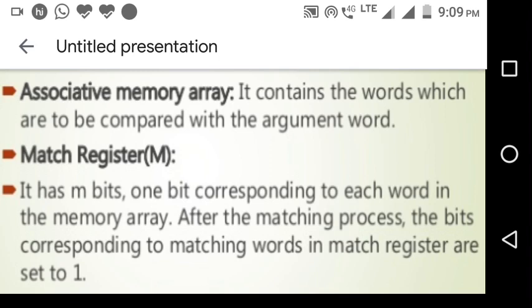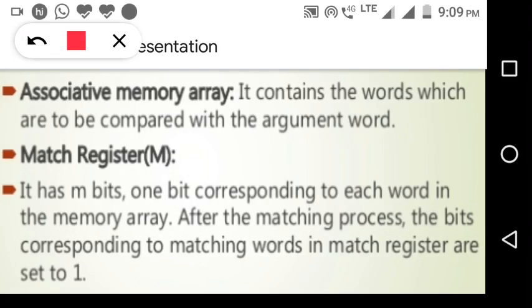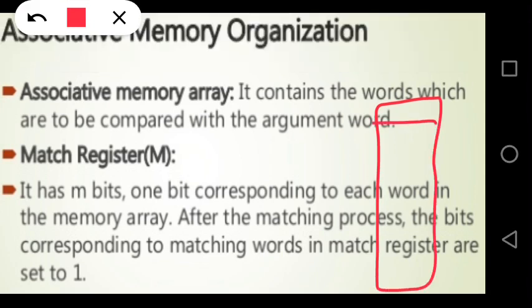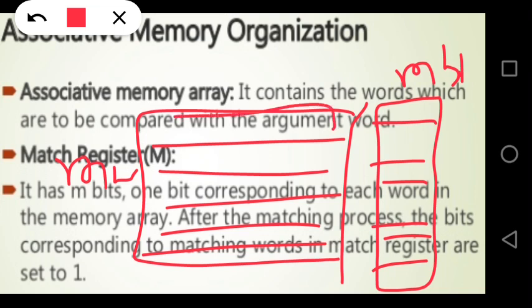So the match register contains m bits, equal to the number of memory words, m words. If the corresponding location contains the content of the argument register, then the corresponding bit in the match register is set to 1.